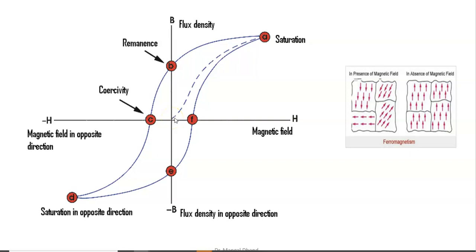Then slowly I will go on increasing H by increasing the current. As H is 1, flux density will be this, for 2, flux density will be this. So there is a linear increase initially, as in diamagnetic and paramagnetic materials. When I go on changing magnetizing force H, flux density changes linearly.